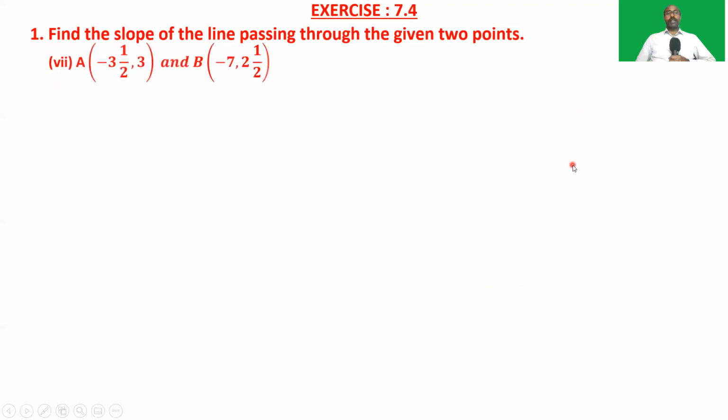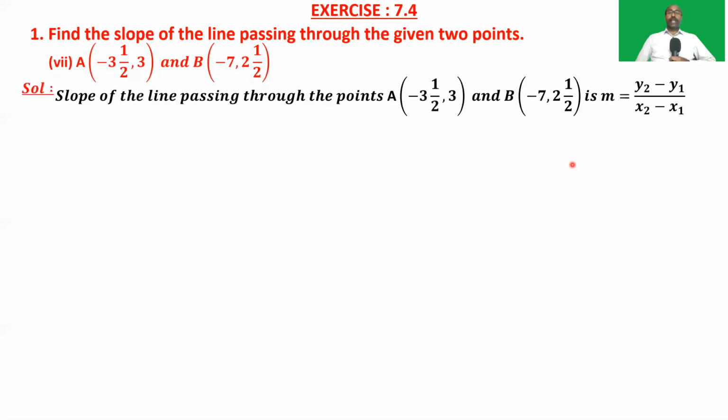And the next one is a minus 3 and a half comma 3 and b minus 7 comma 2 and a half. So the slope of the line passing through the given points is y2 minus y1, that is 2 and a half minus 3, by x2 minus x1, minus 7 minus of minus 3 and a half. And we know that the difference between 2 and a half and 3 is half.